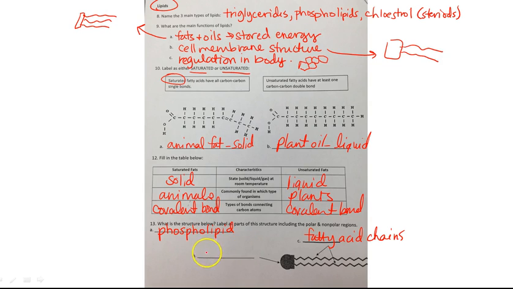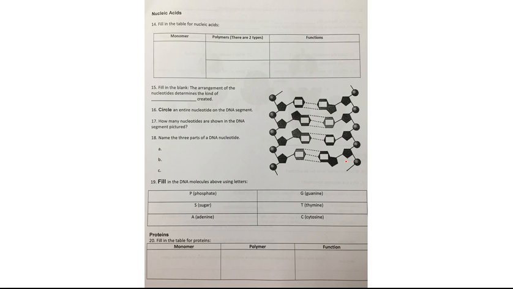And this is the glycerol head. Okay, and so our glycerol is our polar head, and our fatty acids are nonpolar. And all this means is that it's going to be a really good barrier for cell structure, for cell membranes, because it's going to keep the water out of the middle.